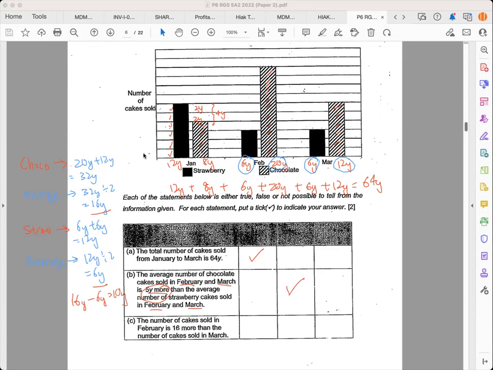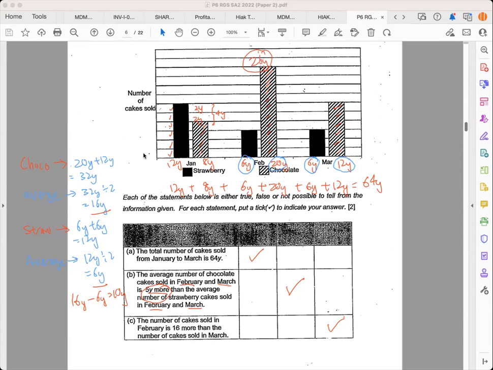Third statement: the number of cakes sold in February is 16 more than the number of cakes sold in March. Okay, this is not possible to tell, because let's take a look. The cakes sold in February altogether is 6y plus 20y, so it is 26y.